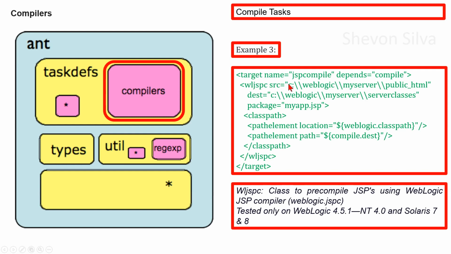Here you can see the source attribute, root of source tree for JSP, that is the document root for your WebLogic server. And here you can see the dest attribute, root of destination directory, which you have set as the working dir in the WebLogic properties. And here you can see the package attribute, start package name under which your JSP would be compiled. Here you can see the classpath to use when compiling JSPs.